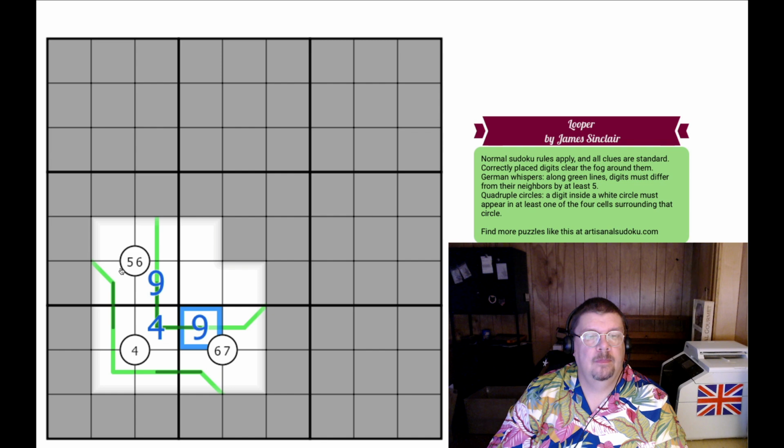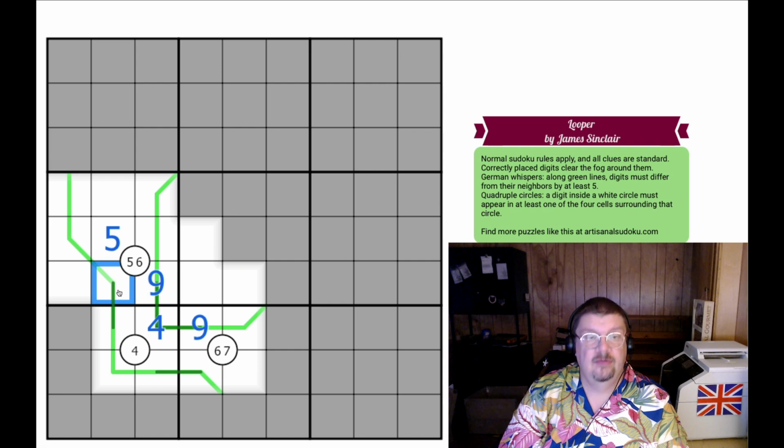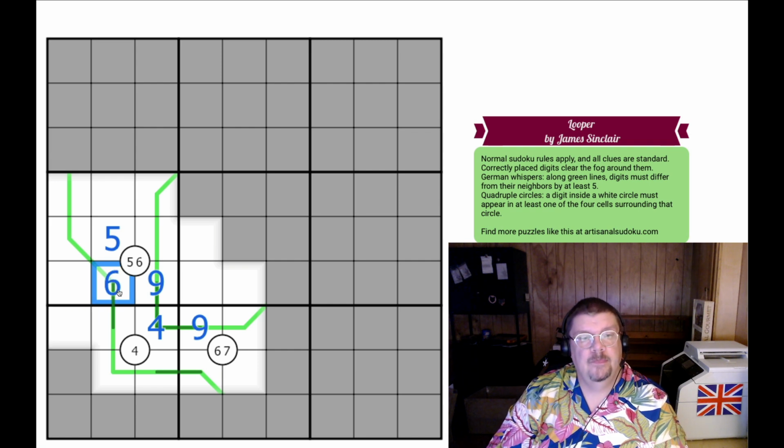Okay. The 5 cannot go on the green line, so that has to be a 5. The 6 cannot go here because it would be next to a 9, so the 6 must go here. Now, that places a 1 here and a 1 here.